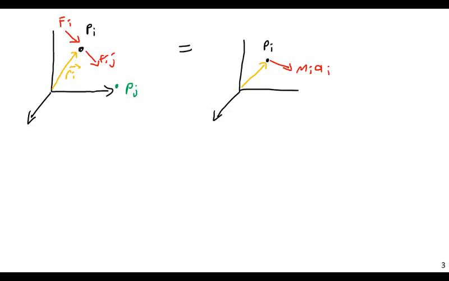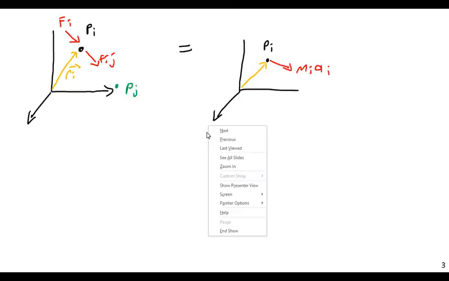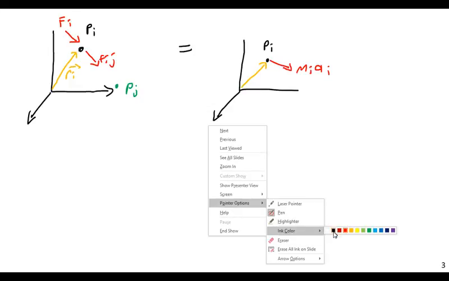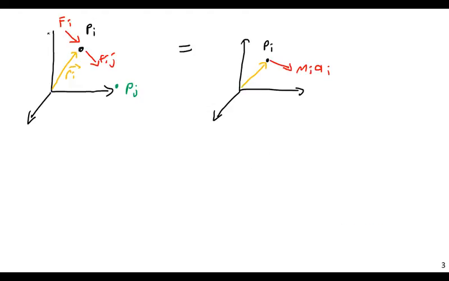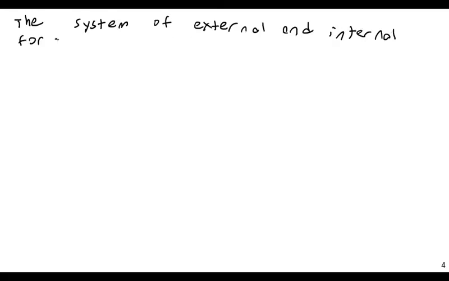Okay. So, moving on, and actually let me finish my arrows here, that would be nice. I can also say that the system of external forces and internal forces on a particle, that was on an individual particle, is equivalent to the effective force on a particle, just like we described.